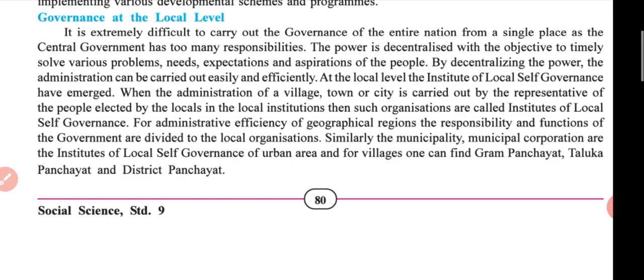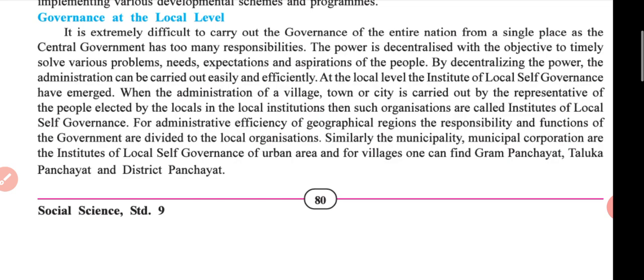In short, it is difficult to carry out the governance of the entire nation from a single place and single-handedly, because the central government has too many responsibilities and too many works.